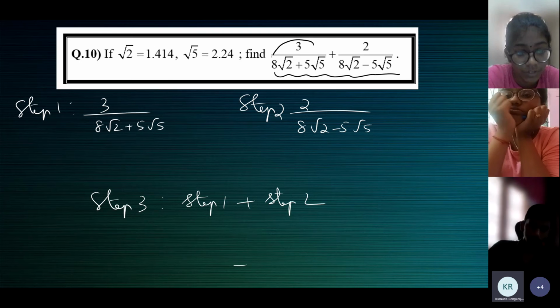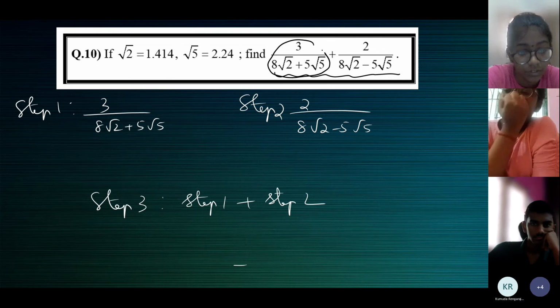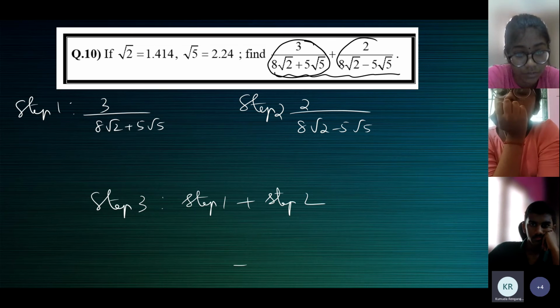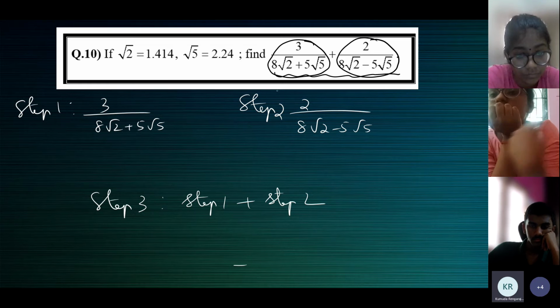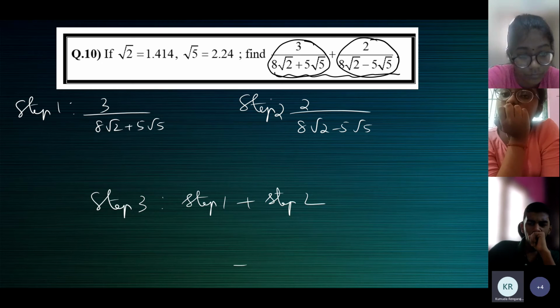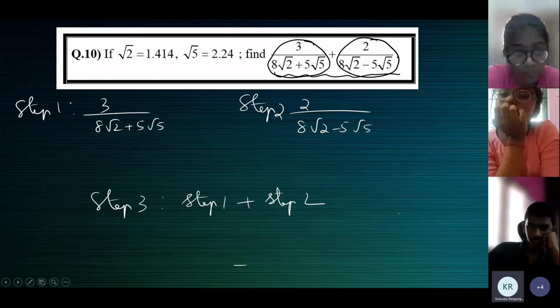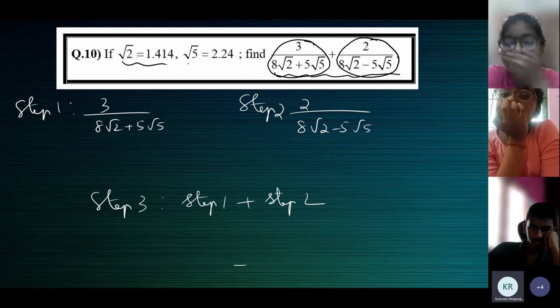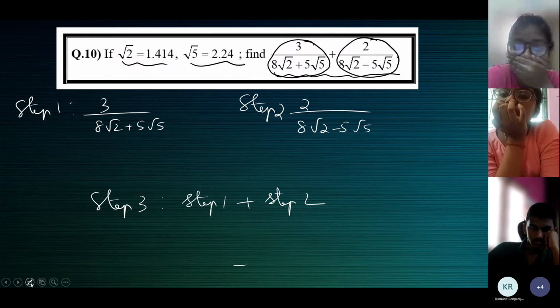So one method is to take this one in step 1, take this in step 2, rationalize the denominator in both step 1 and step 2. And in step 3, you can add the two answers. And when you add, you get a result. In that result, you should use the value of root 2 and root 5. That is one way. Or I've also told you that when the denominators are conjugates of each other, you can take the LCM.